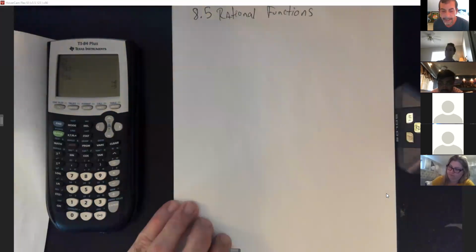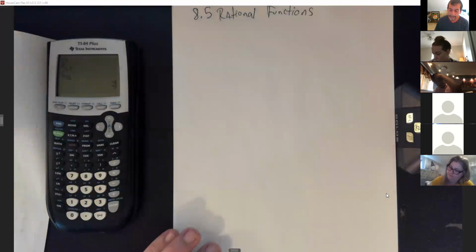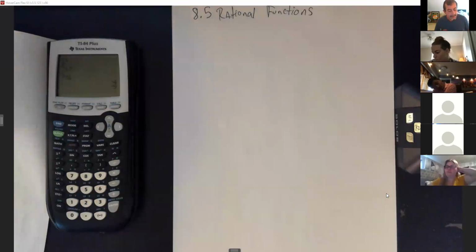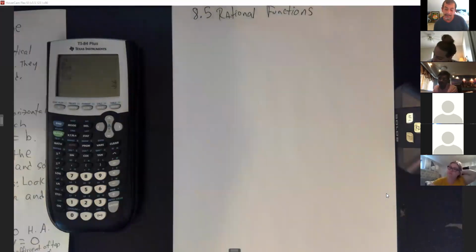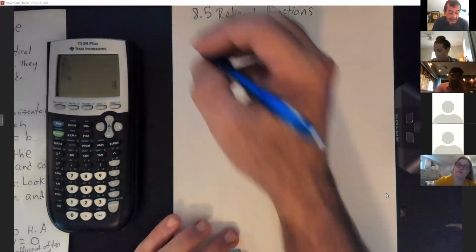So we're still looking at these fractions, okay? So it starts out with doing a couple domain problems, but that's just like we did in 5.1. So what I want to do is get into some definitions.